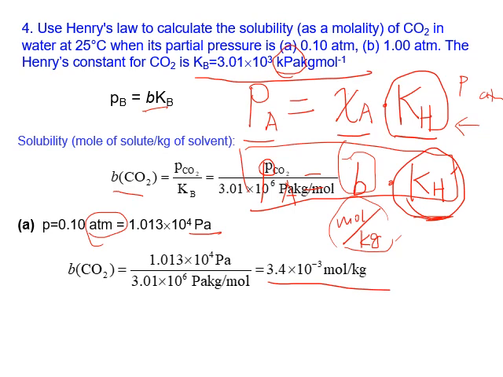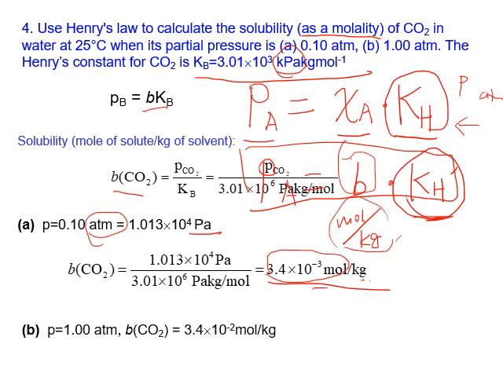The question tells you to calculate solubility as a molality. So this is a molality. Every kilogram of solvent you dissolve 3.4 times 10 to the minus 3 moles of CO2. Similarly, when the pressure is 1 atmosphere, using the same equation, you calculate the solubility increases 10 times. So in order to increase the solubility of CO2, you should increase the pressure of CO2.